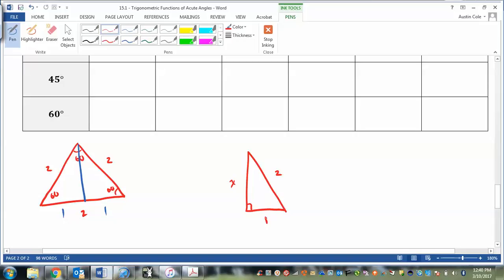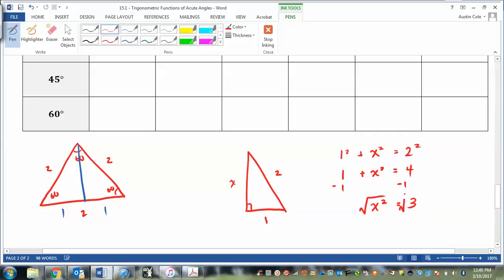So let's do that. 1 squared plus x squared equals 2 squared. Here we go, do this with me. 1 squared is 1, plus x squared equals 2 squared is 4. I can minus 1 on both sides. x squared equals 3.